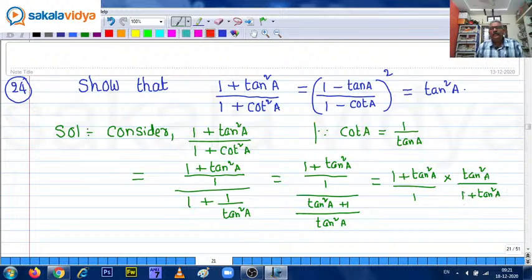So now this 1 plus tan square A, 1 plus tan square A gets cancelled. We have tan square A by 1 equals to tan square A.